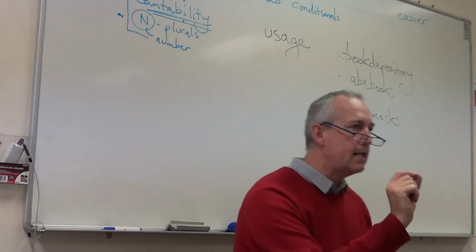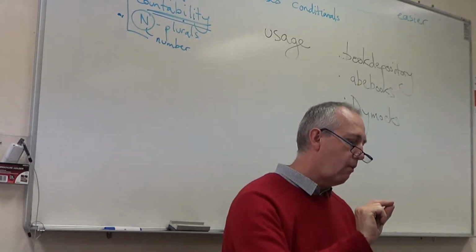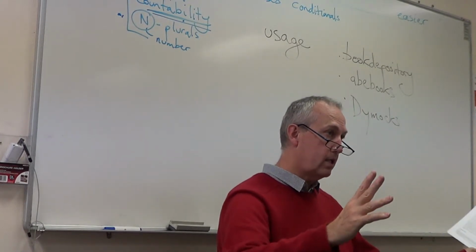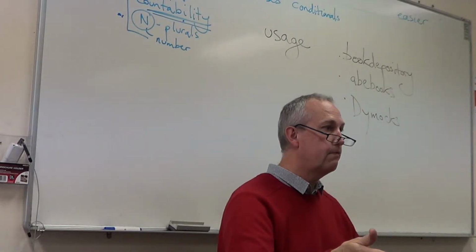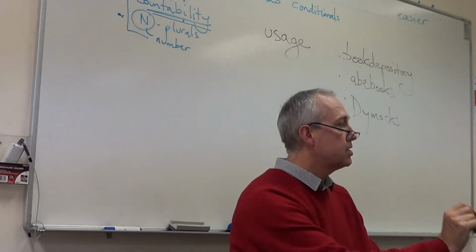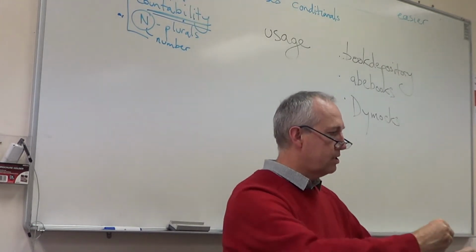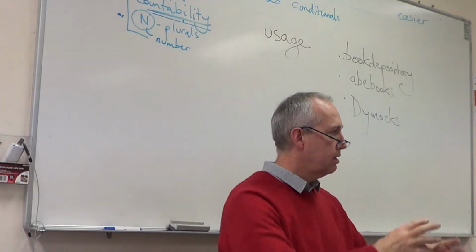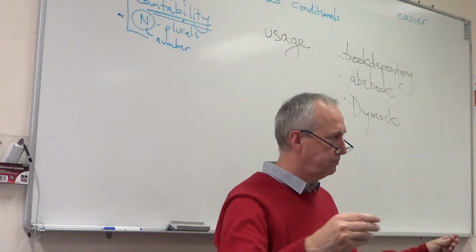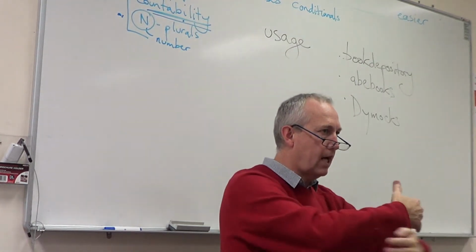So the point is, there's a tendency with these things, anything where you can get lots of it, we tend to treat as uncountable. So information, it's huge amounts. Cheese, you can count. Okay, substances. Substances aren't things. A substance has no kind of division. Think of it like that.